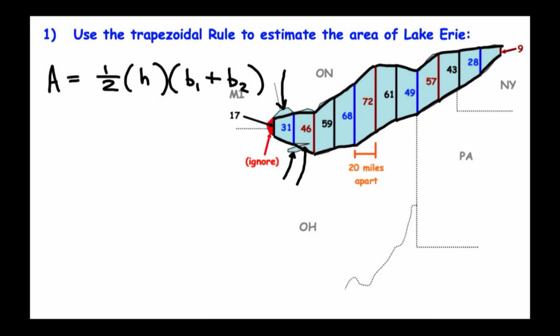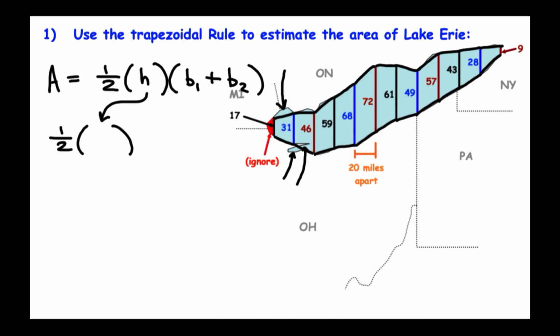All right, let's start out by taking the first trapezoid, the one over by Toledo. Its area is going to be 1/2 height, but the height is defined to be the distance between the bases. And the bases are the two sides of the trapezoid that are parallel. So really these trapezoids have all been turned on their sides.